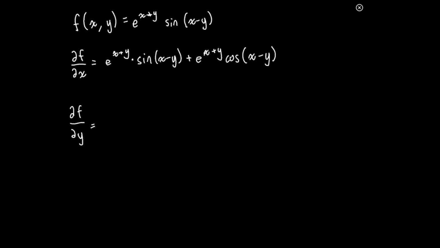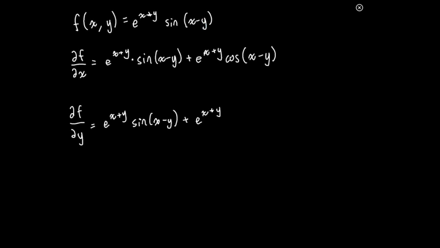Okay, now with respect to y, we do e to the x plus y, because that's the derivative of the first part, multiplied by sine x minus y. And then we're going to do plus e to the x plus y multiplied by, okay, well now we have to do the derivative of the second part with respect to y.